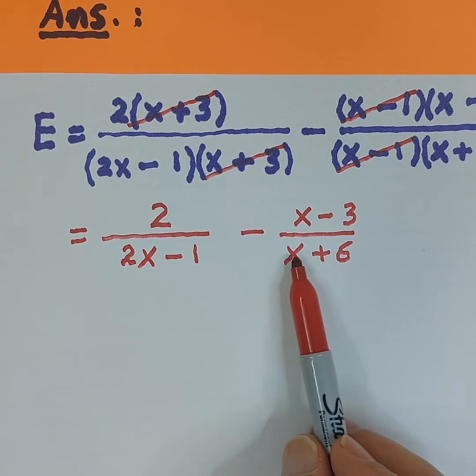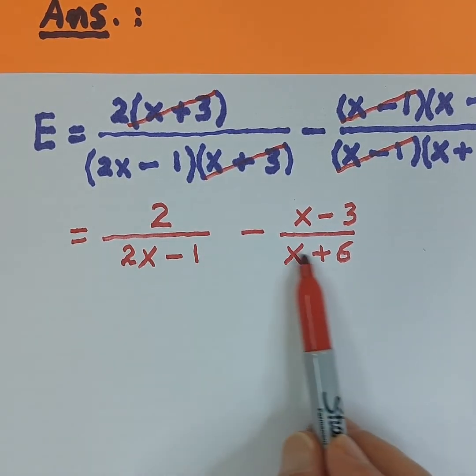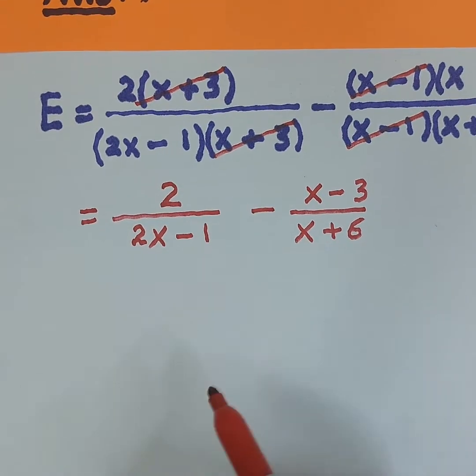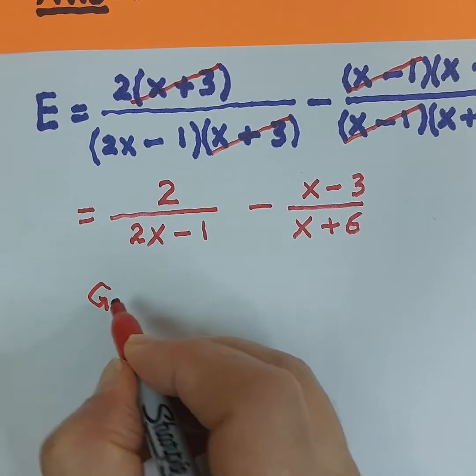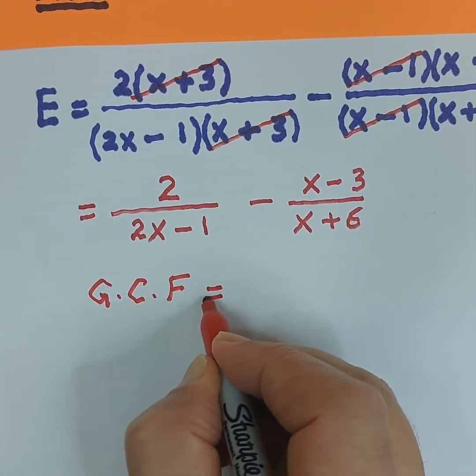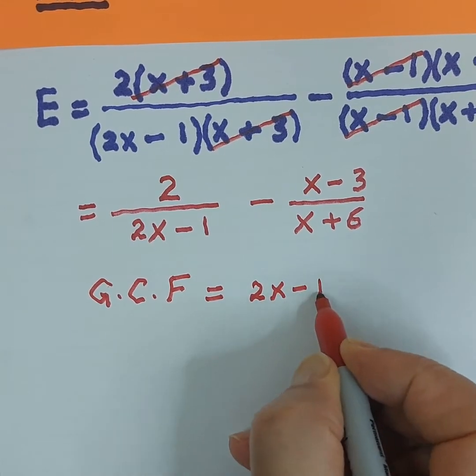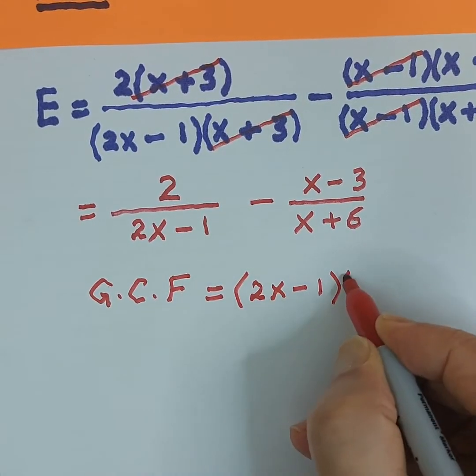You can take the greatest common factor for the denominators. So the greatest common factor of the denominators is multiplying those together. This is the first one, this is the second one.